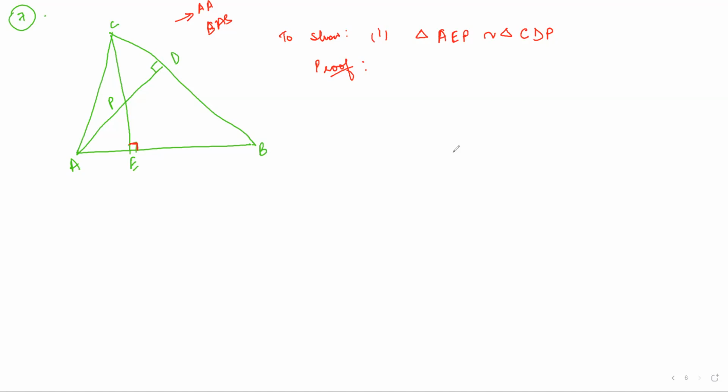Angle P equal to angle P. Why? Common. Is it common? Common is like this. For example, I have a triangle here, and inside it I have another triangle. If this angle is part of both the triangles, then it is common, right? Here, this angle is here and another angle is here. So is it common? No.